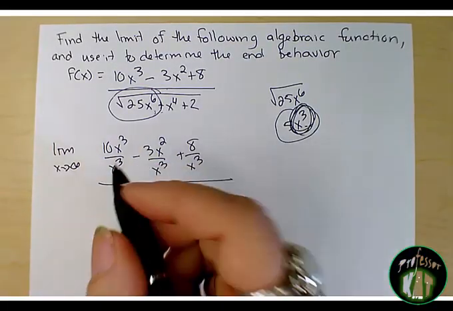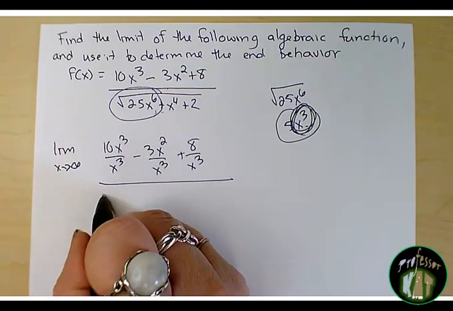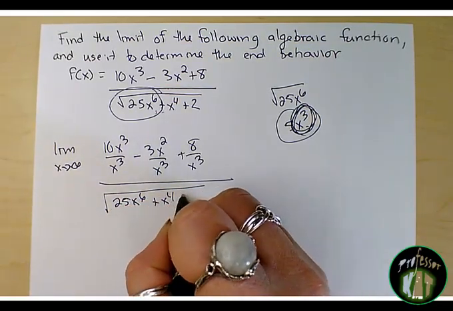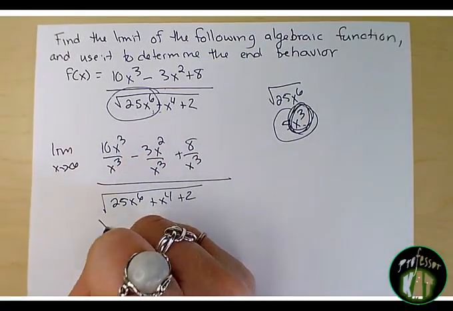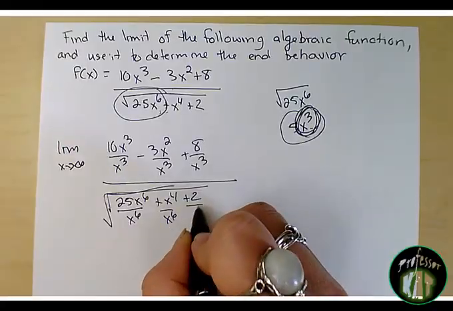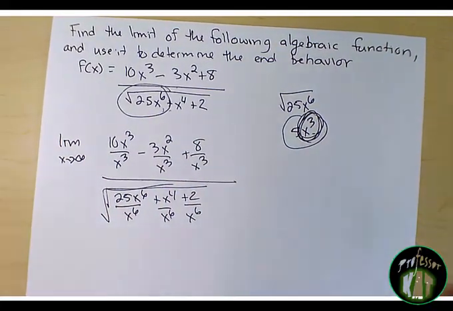And in the denominator, we can divide it in its radical form, and we can just leave it 25x to the 6th plus x to the 4th plus x squared. And since it's still in its radical, we can go ahead and divide by the x to the 6th and just keep that one normal instead of taking the square root of everything.